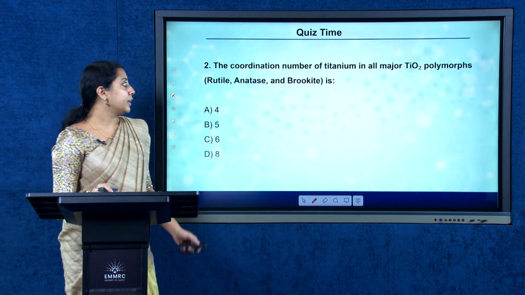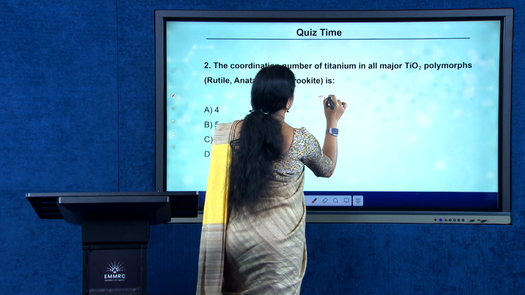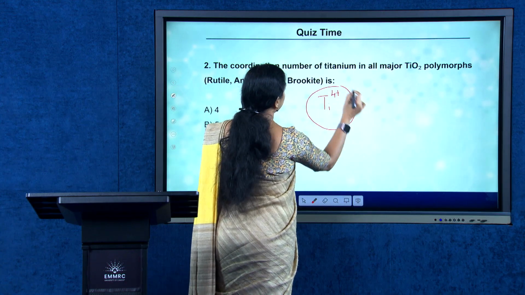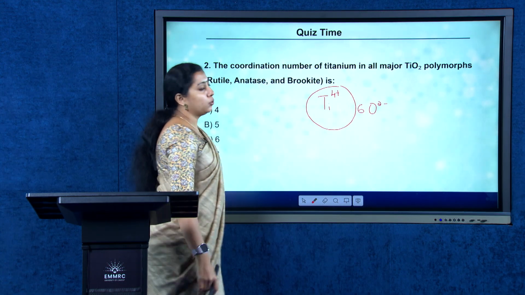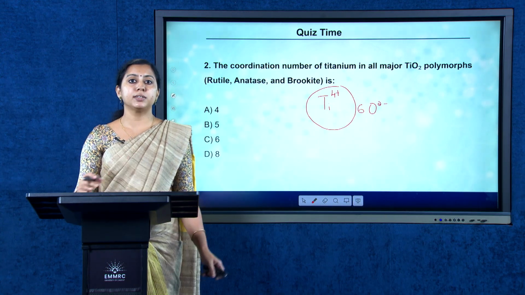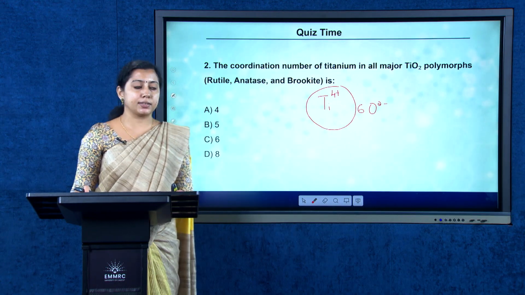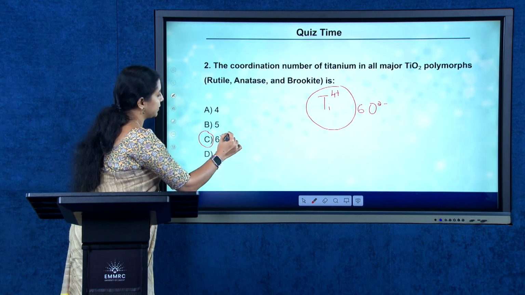We have seen that in all the three polymorphs of TiO2, each Ti4+ ion is surrounded by 6 oxide ions. So, when each titanium is surrounded by 6 oxide ions, that means the coordination number of titanium is 6. So, the correct option is option C, 6.